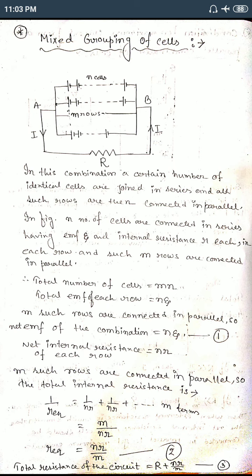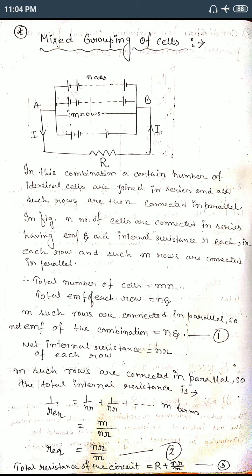In this combination, a certain number of identical cells, having same EMF, same internal resistance, are connected in series, and such rows are also connected in parallel. So in this figure, we see that n number of cells are connected in series, having EMF E and internal resistance R each cell in each row, and m number of rows are connected in parallel.